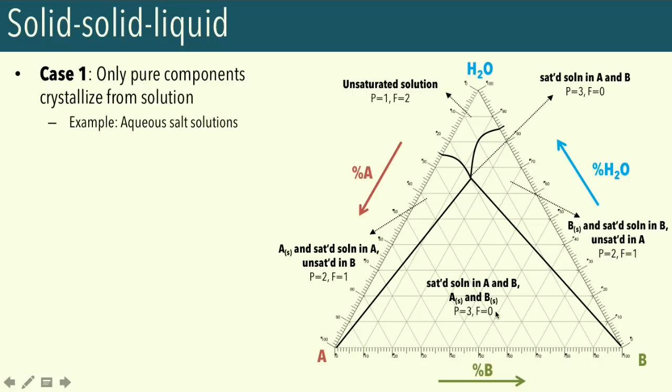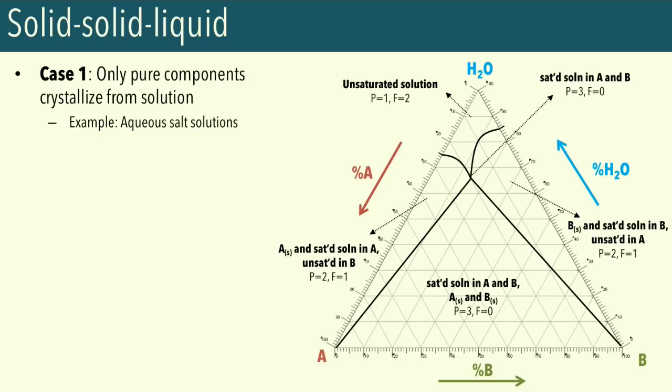That means regardless of where you are in this region, you're going to have the same composition of our system. You're just going to have A solid, B solid, and the saturated solution in A and B.